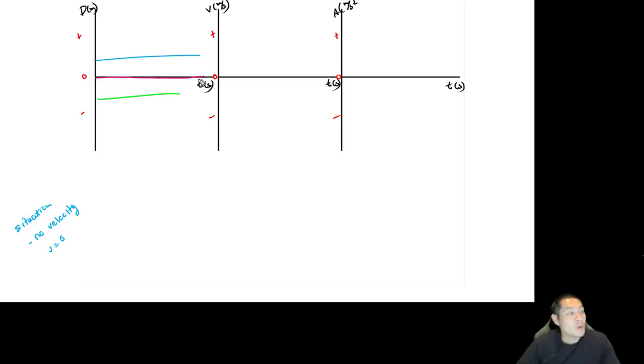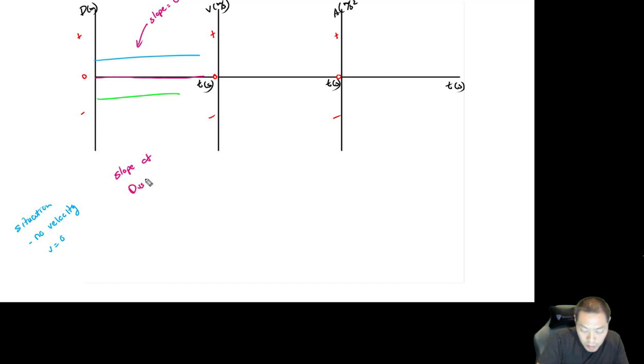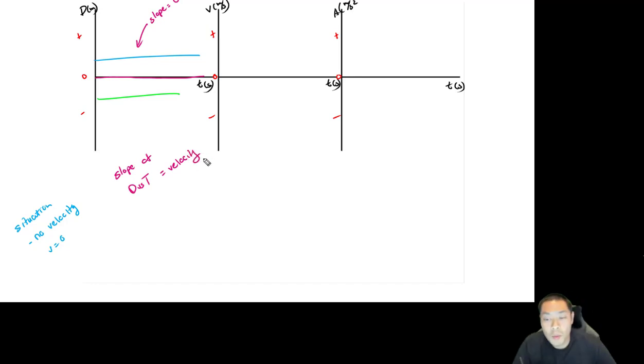When you have this, our slope is going to be equal to 0. So that means you have no velocity. Remember, slope of a d versus t graph is equal to velocity. So if the slope is 0, velocity is going to be 0.